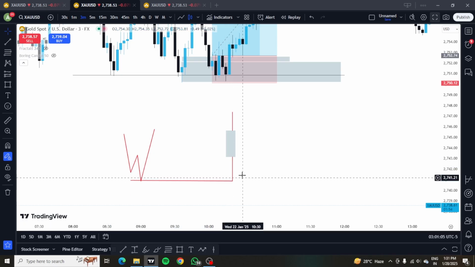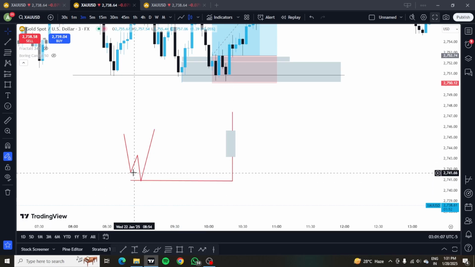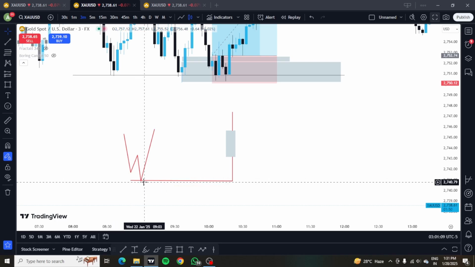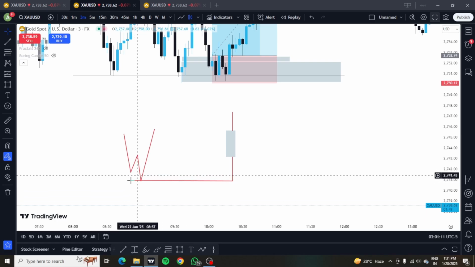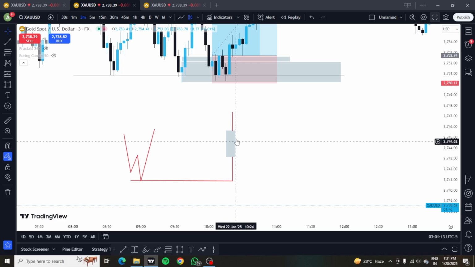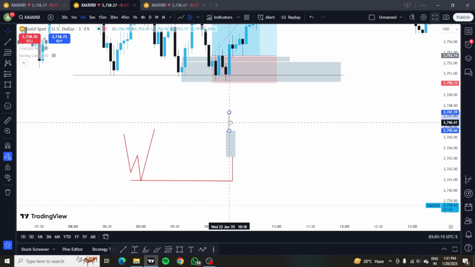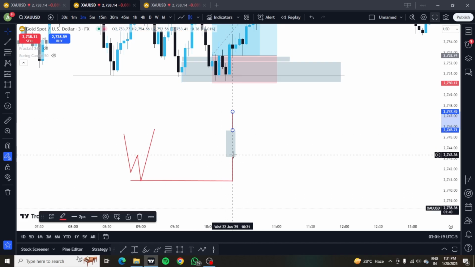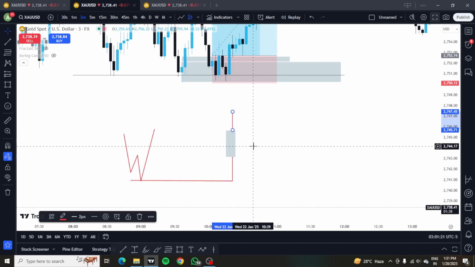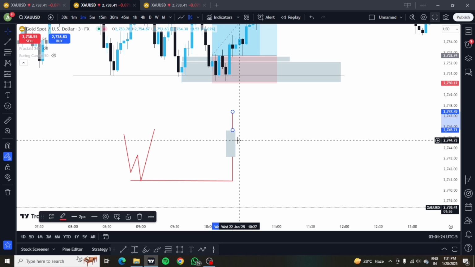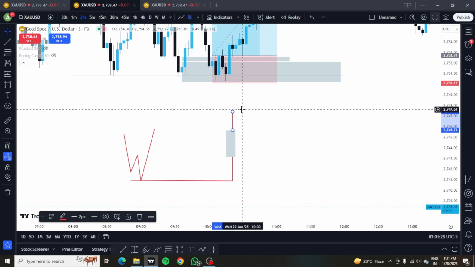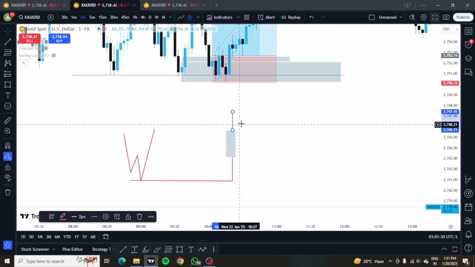It should take any previous swing highs or double bottom or double top, any liquidity area. Your order block must be taken, then only this order block is more effective. And sometimes there is extra confluence: this order block has an imbalance candle.